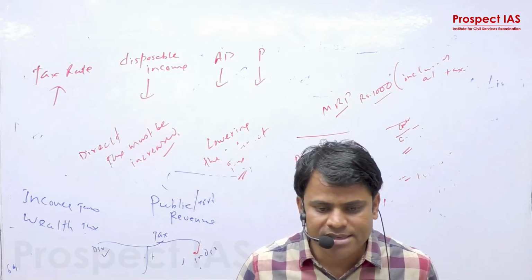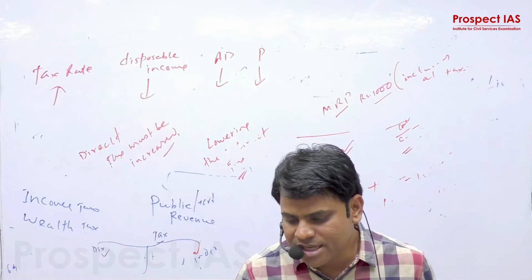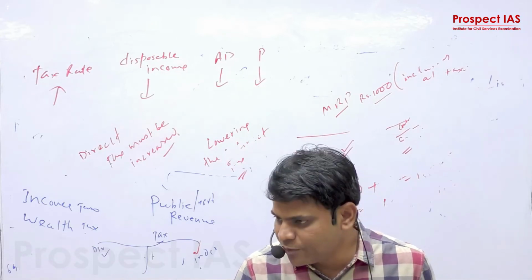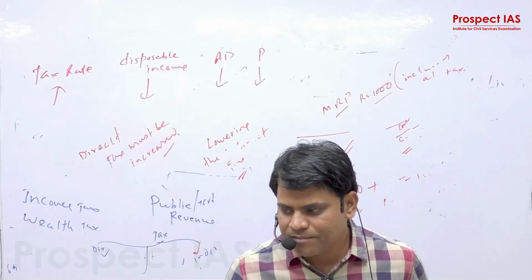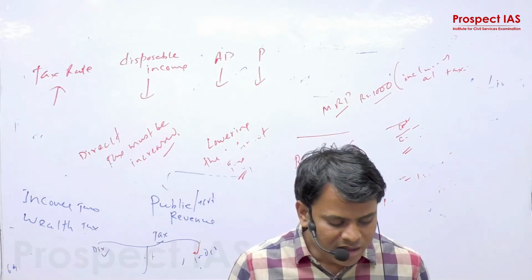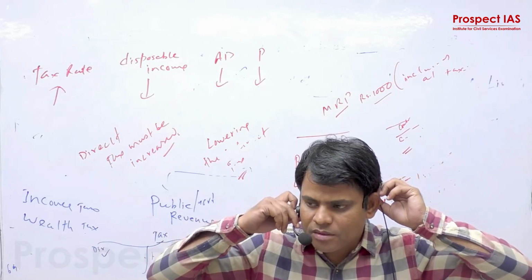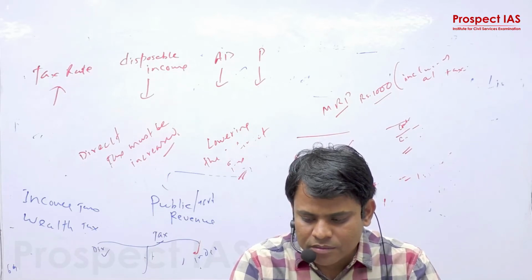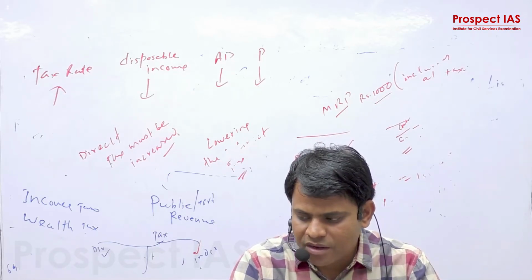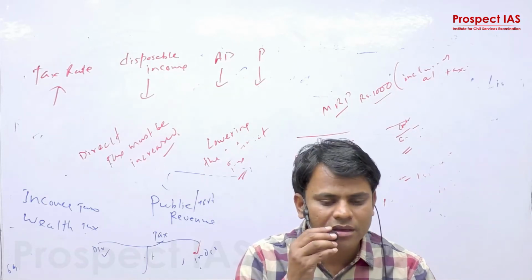And the third one is administrative measures. Right? We have discussed the fiscal measures, monetary measures before that, and the third one is administrative measures. Write it down.